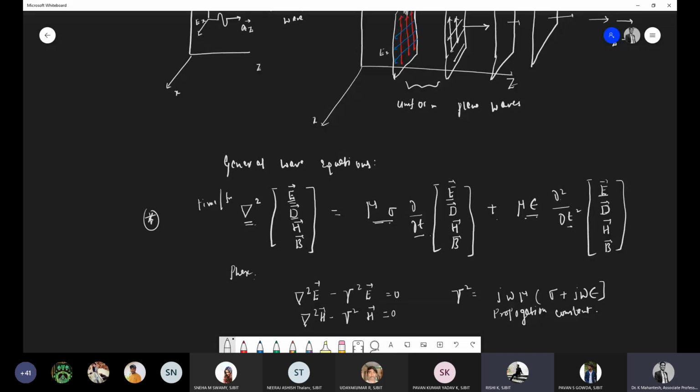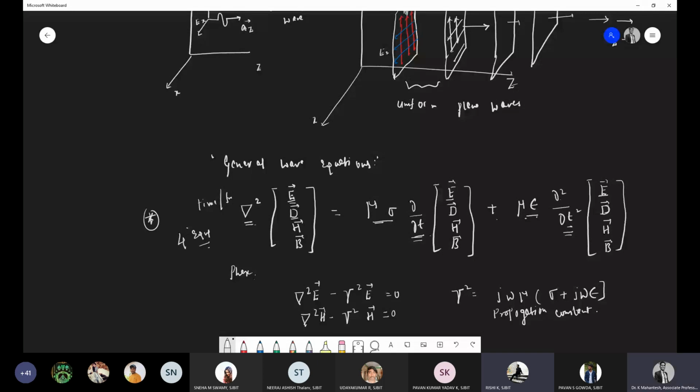Likewise, there are four equations drawn from Maxwell's four equations, and this is a general wave equation which will vary with respect to time in second order.